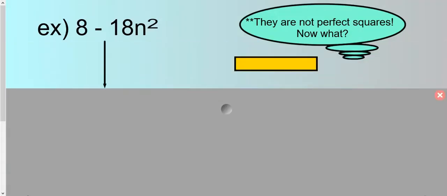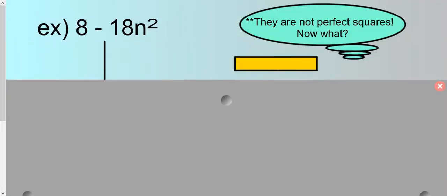Some of the problems in your homework are not going to be perfect squares, but you can actually manipulate them so they are. Anytime you can factor a GCF out of any polynomial, you always do that. So we're going to first put this into the proper form, switch around the order, and then factor out the GCF, which is negative 2 here.